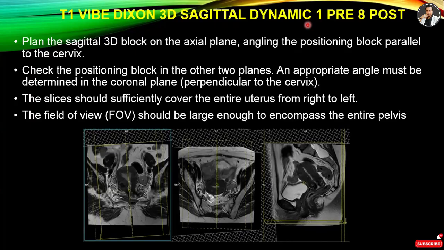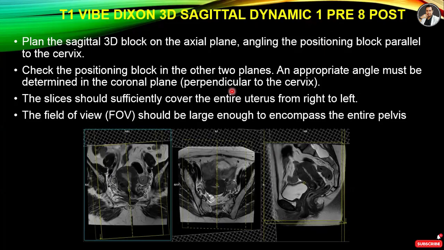When the nurse picks up the needle, you can come inside. The nurse will tell you to stay in the room. Then we will insert the needle again. After inserting, we will start the dynamic scan. The nurse will tell you to hold your breath. Then we will start.